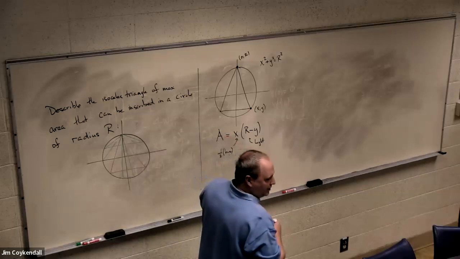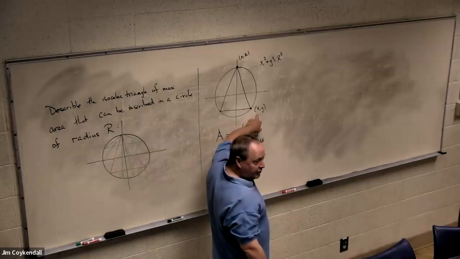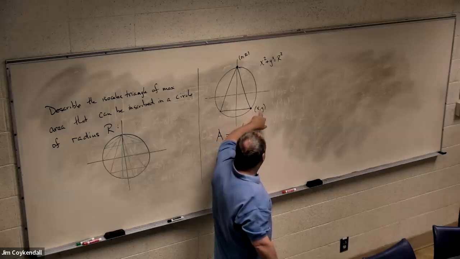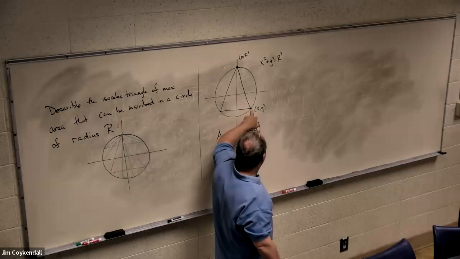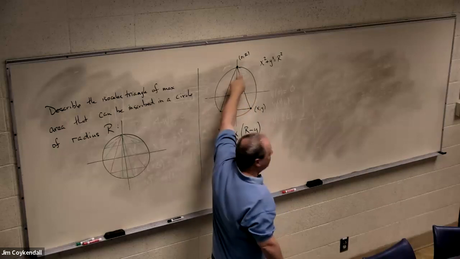See the way I've got this picture drawn? If I tell you x, y, this point determines what the triangle looks like, because once I've got this point, it's mirrored, it's always at the top.